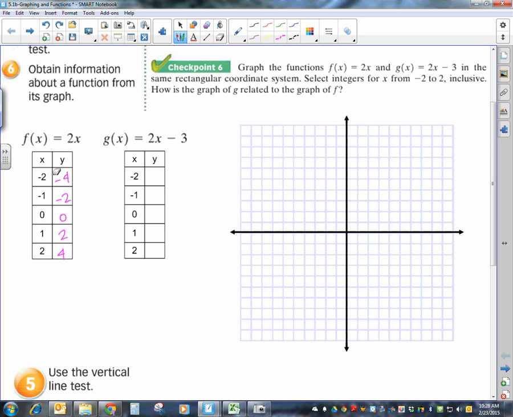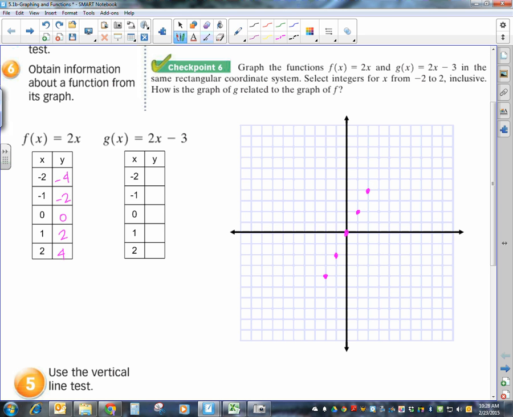So I have the points (-2, -4), (-1, -2), (0, 0), (1, 2), and (2, 4).